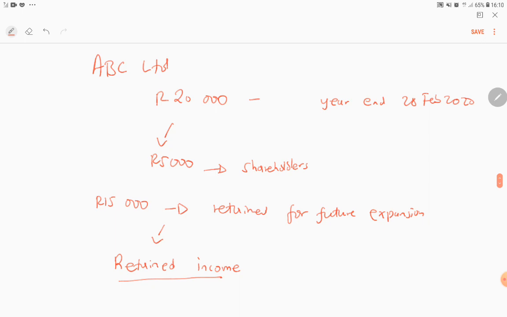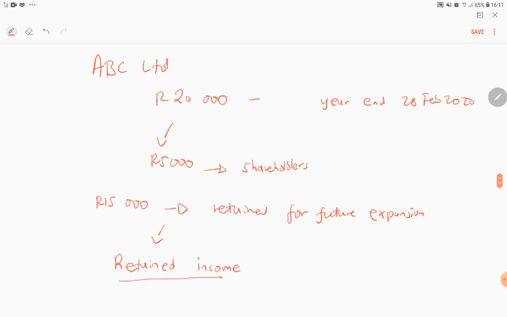So sometimes directors do not pay dividends to shareholders for quite a number of reasons. Mostly the other reason may be because the company is not solvent. So in case the company becomes liquidated, there must be some funds available which will pay the debts due by the company.